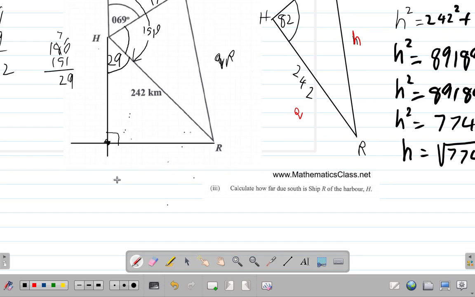You have the angle 29, you want the adjacent, and you have the hypotenuse, so you use cos. Cos 29 equals adjacent over hypotenuse.